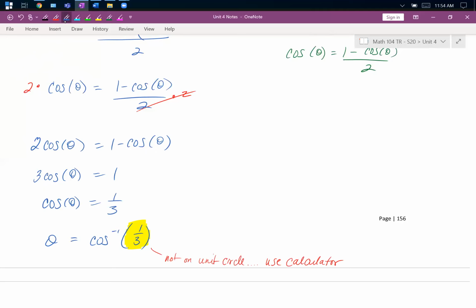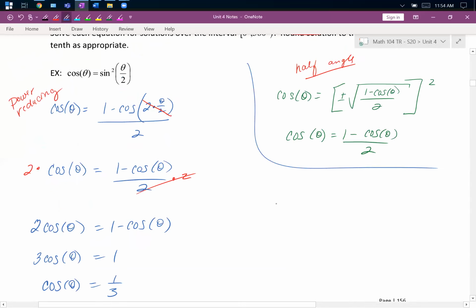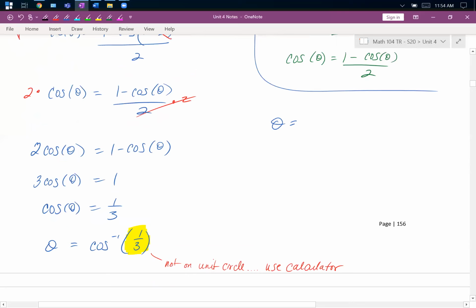So if we plug that into our calculator, what do we get for theta? I got 70.53. Anybody else get that?